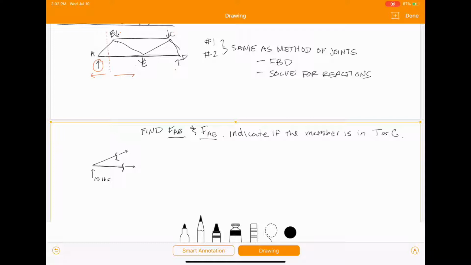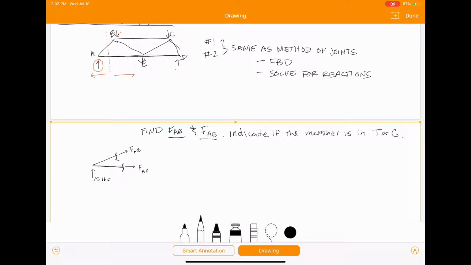That indicates tension. Again, if you assume everything is in tension, if your answer comes out negative, your member is in compression. Always assume tension. If you get a negative answer, it's compression. Remember that, and it'll make your life so much easier. So this here is going to be FAB and FAE.